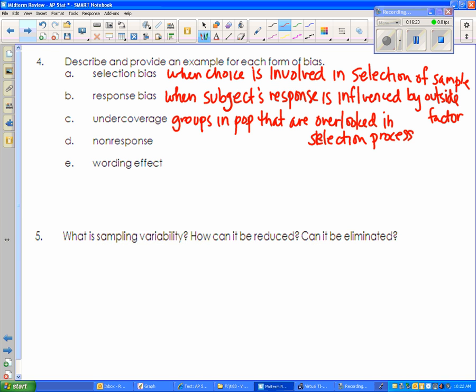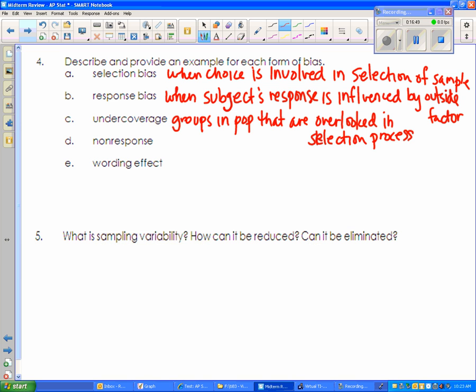Well, not everybody has a phone, not everybody is listed in the phone book, so if I'm only using the phone book to obtain my sample, I've got a lot of undercoverage of the people that aren't in the phone book. Even the census deals with issues of undercoverage because they look at households, and so for those that are homeless or don't live in a stable household, it's difficult for their information to be captured in the census, and so there's often undercoverage.